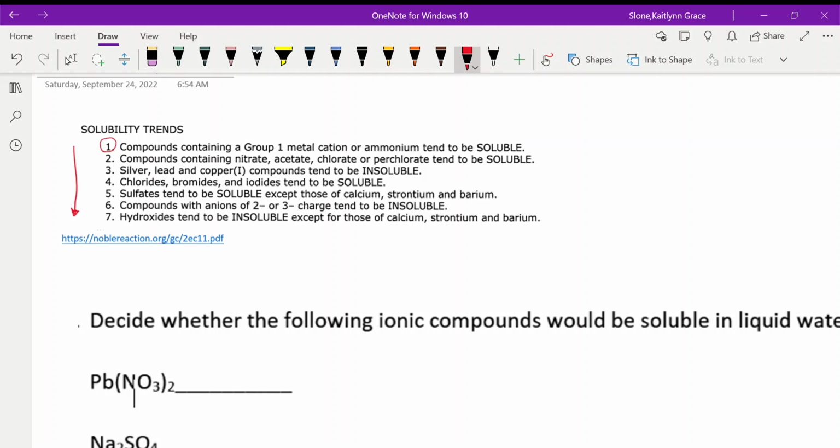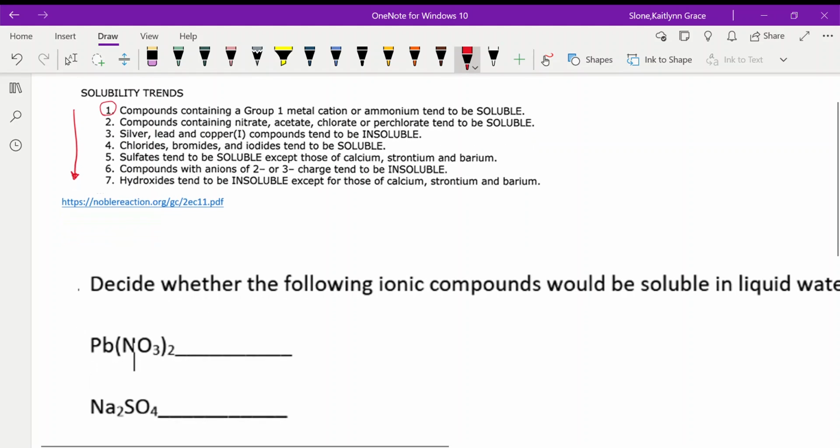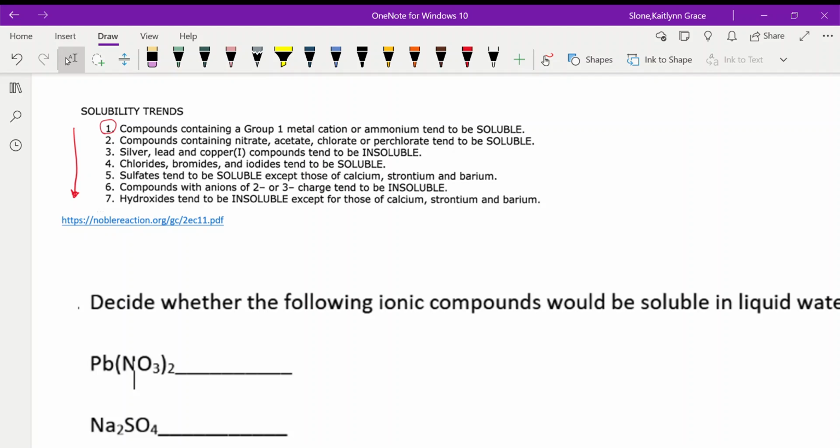You ask yourself, does that apply to the compound we are looking at? Well, we don't have a group 1 metal cation, and we don't have ammonium, so that doesn't really help us. So we go on to number 2.